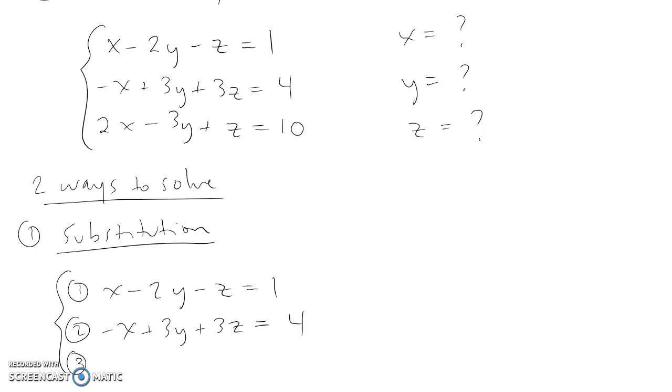Minus x plus 3y plus 3z equals 4 is going to be equation 2. And then 2x minus 3y plus z equals 10.